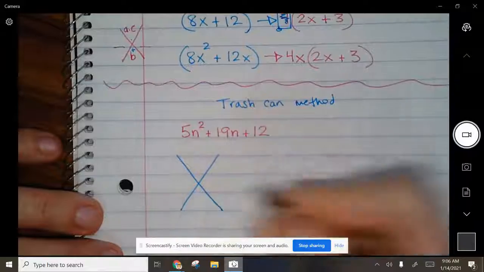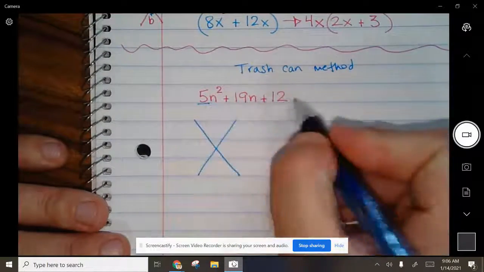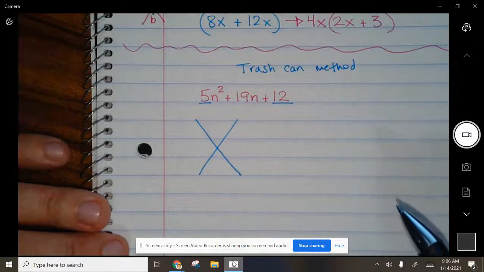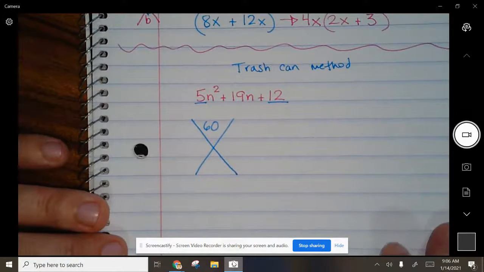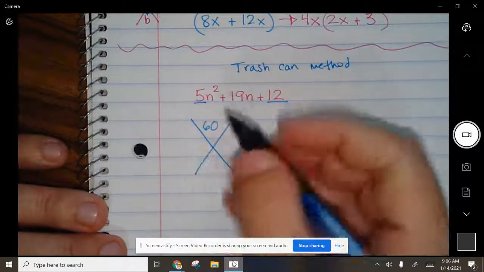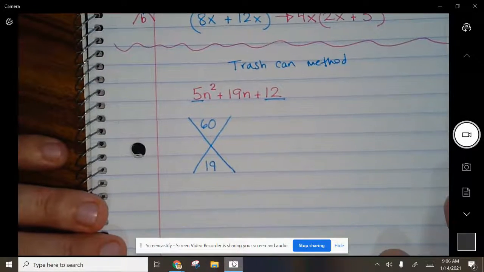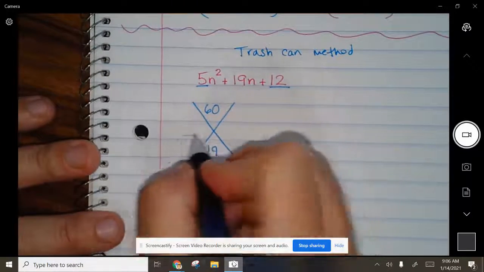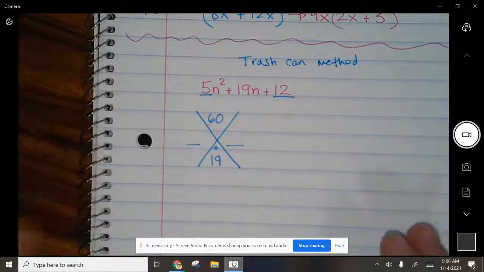A times c is on the top, okay? So a times c, 12 times 5. 12 times 5 is 60. B goes on the bottom, 19. All right, now we're doing the same method. We're trying to figure out what multiplies to equal 60 and what adds to equal 19.